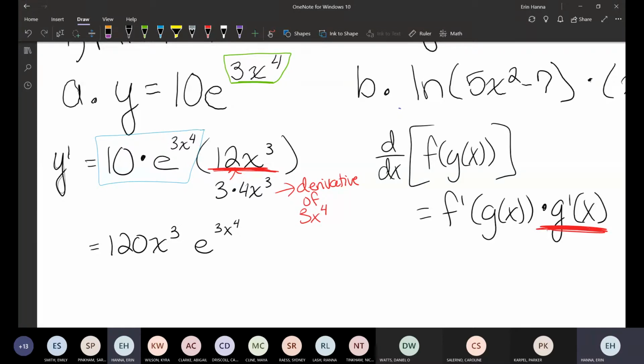So it's not really that we're bringing the 3 down per se. It's that we need to take the derivative of the inside, and that 3x to the 4th is the inside function. Does that make sense? Hopefully. Maybe. A little bit. Hooray. Any more questions on that one?